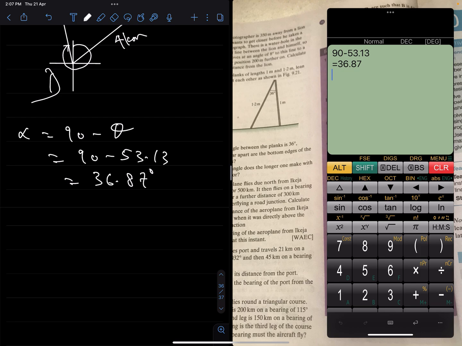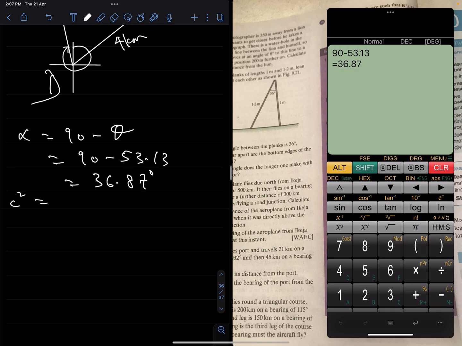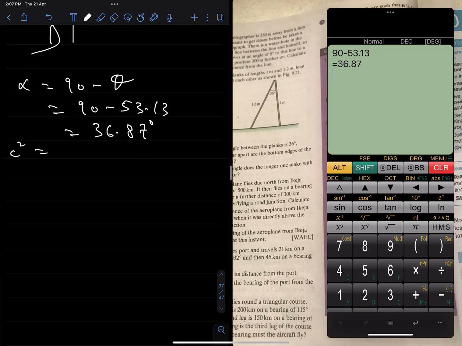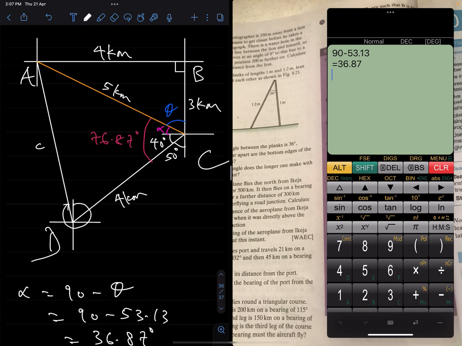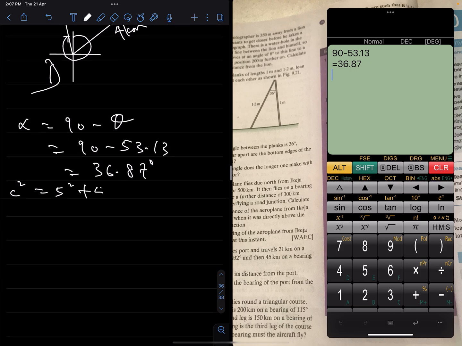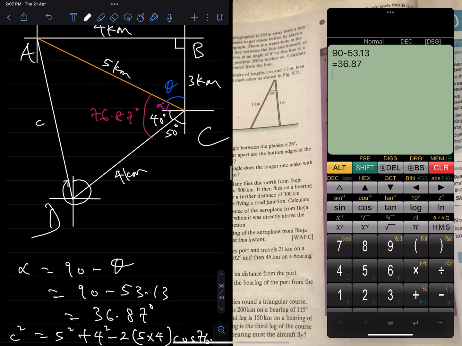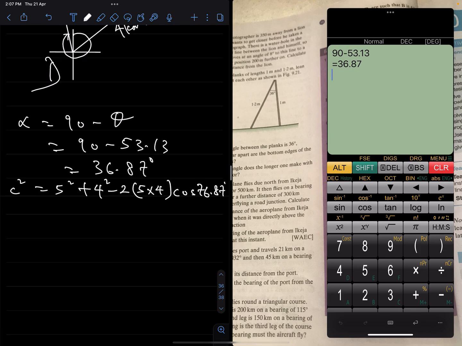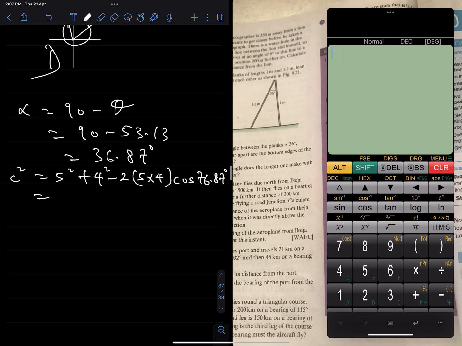So C squared equals 5 squared plus 4 squared minus 2 times 5 times 4 times cos 76.87 degrees.